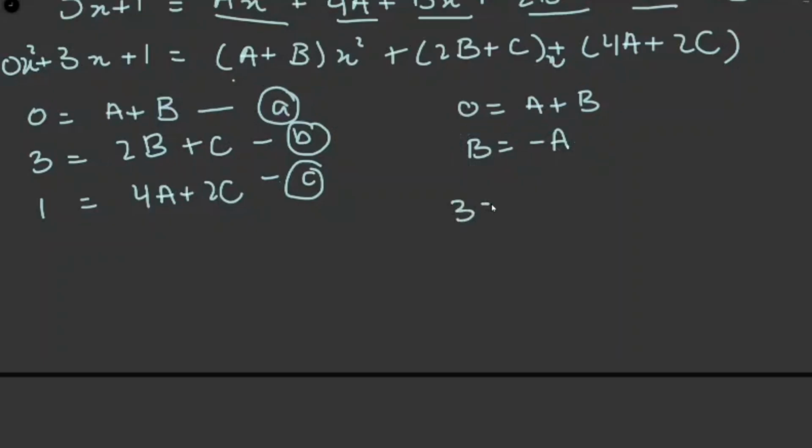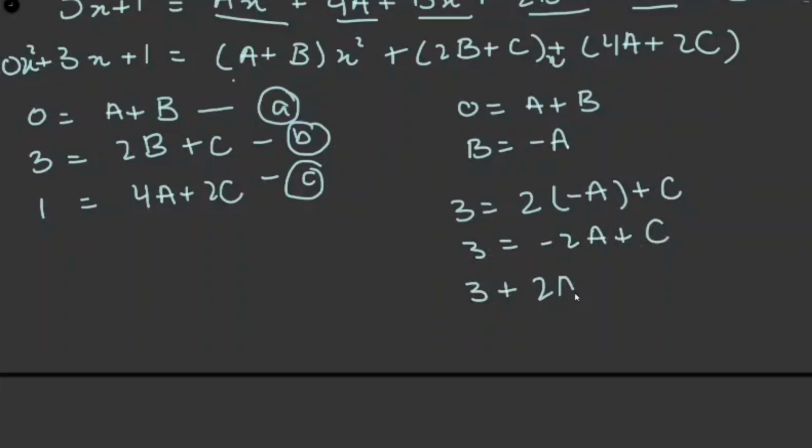So we can write this as 3 is equal to 2 times the value of b. So we get minus a plus c. So you get minus 2a plus c. Now separate out the c. So for a you get 2a is equal to c. c is equal to 3 plus 2a.